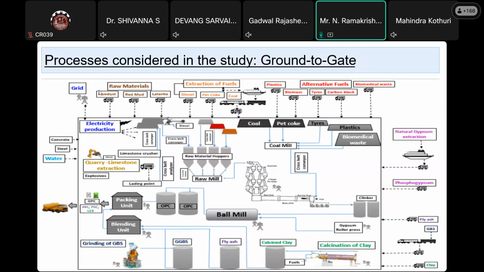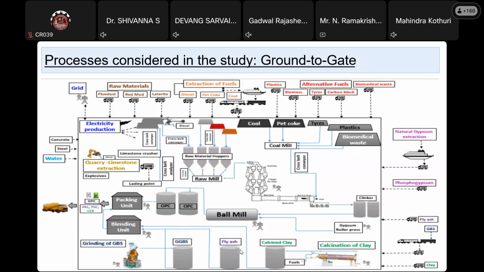So what are the raw materials used there? How the electricity is produced from the grid, how the water is used, limestone extraction in the quarries, and what are the different processes at different points of time, right? So if it is GGBS, how the grinding is taking place, fly ash, how it is, calcined clay. This is the LC3. We'll be talking about that later. So our main aim here is to study about SCMs: fly ash, GGBS, and calcined clay.